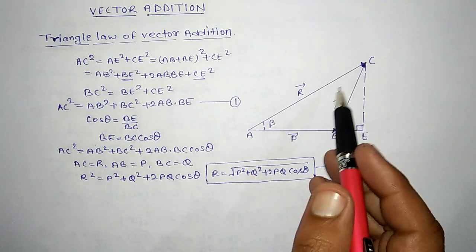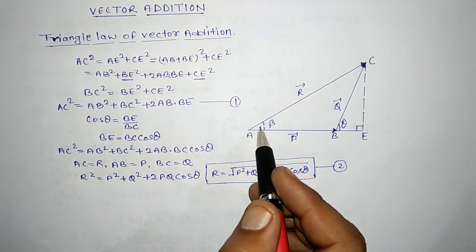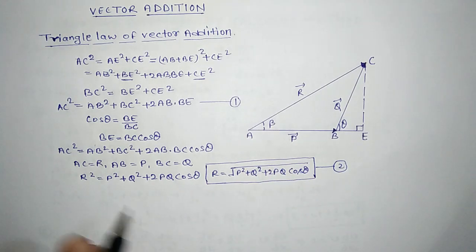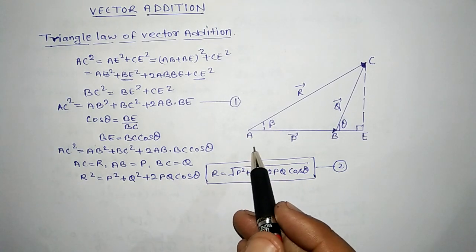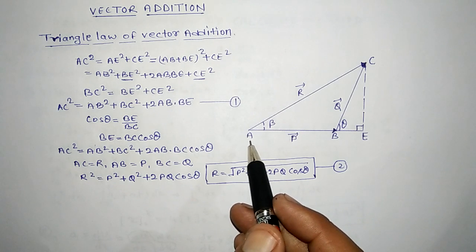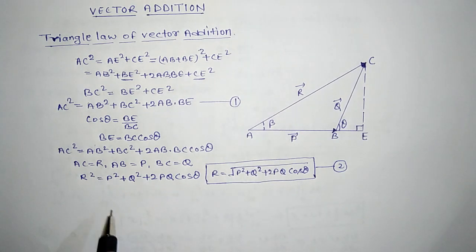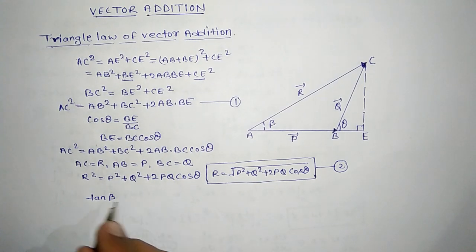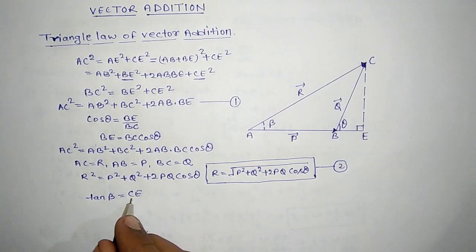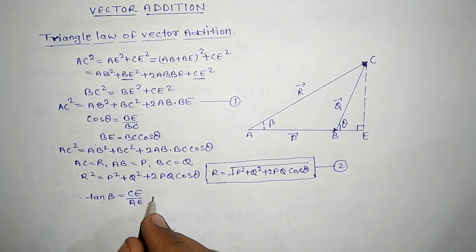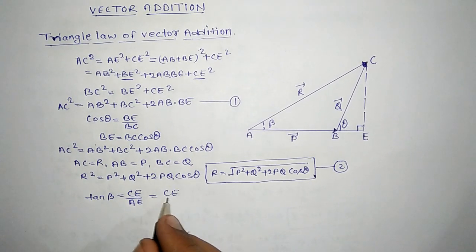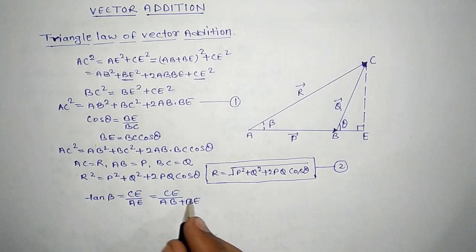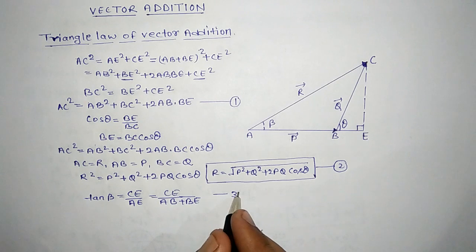Let the resultant make an angle beta with this P. Then from triangle AEC we have tan beta is equal to CE upon AE, or CE upon AB plus BE. It can be written as equation number 3.